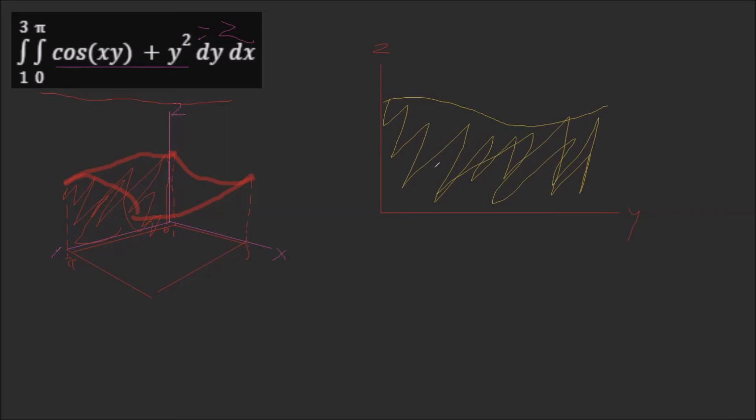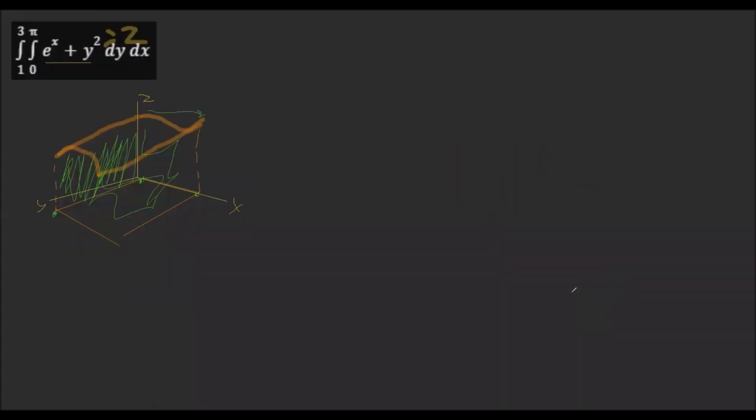So although it's a definite integral for y, it's an indefinite integral for x. And by taking the first integral here, we're returning this cross section. And that cross section is then taken as the basis for another integral, which is being extended this way. So I just wanted to reiterate that. Now I'm going to put it into practice.